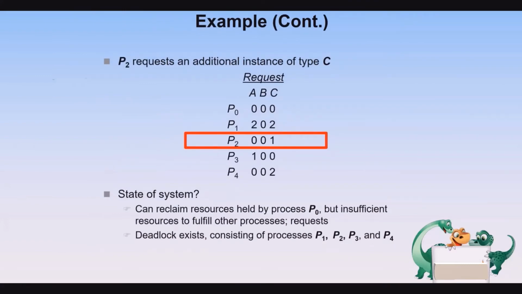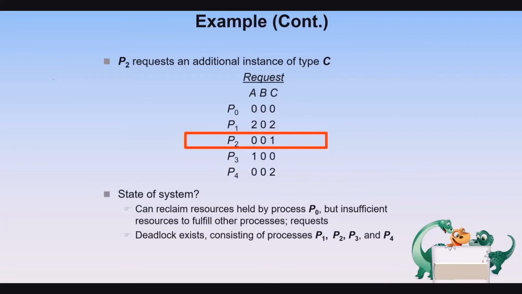Now, what if P2 requests an additional instance of type C? Take note that the available resources here could be 0, 0, 0, and P2 is requesting an instance of C. Well, what is the state of the system here?